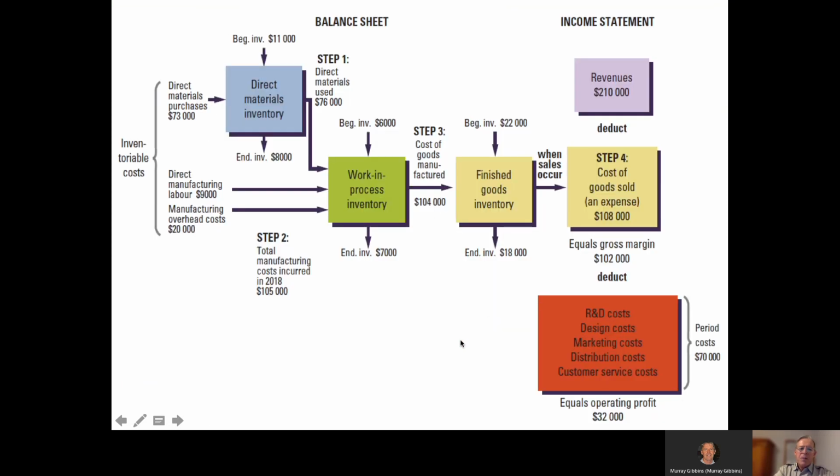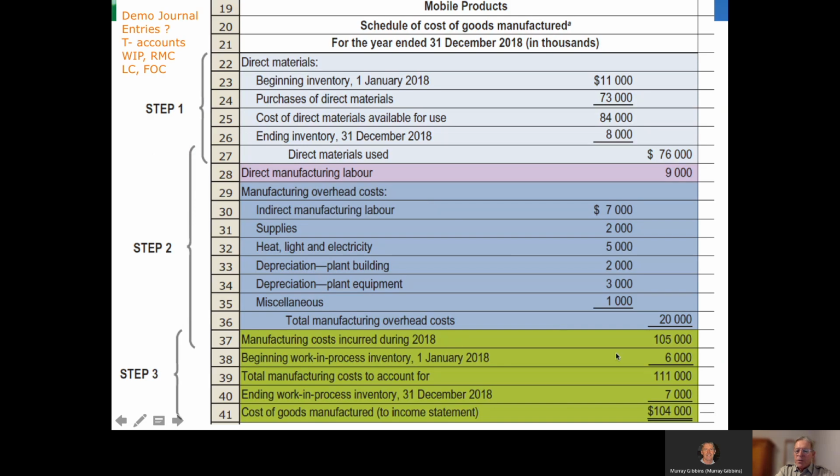So we're now up to this stage of trying to work out what this 104 is, the transfer to finished goods. And of course, it is opening stock of work in process plus the 105 minus closing stock of work in process is that 104. So that's what's happening here. We've got the 105 total cost coming in from materials, labor, and overheads.